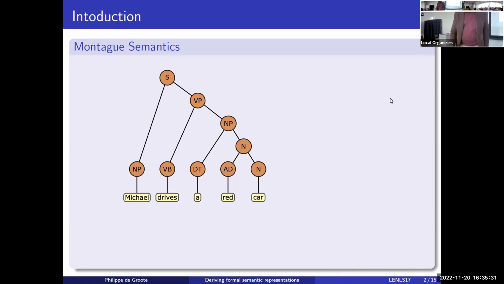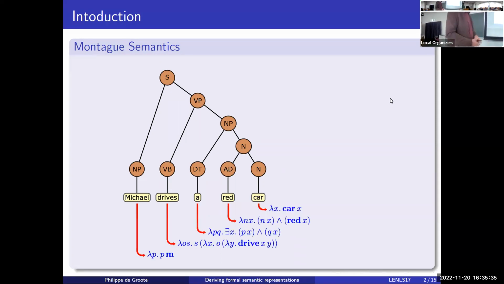And in Montague semantics, what it does is to assign semantic recipes to the lexical items, and then from the semantic recipes, one computes the semantics of the constituent.